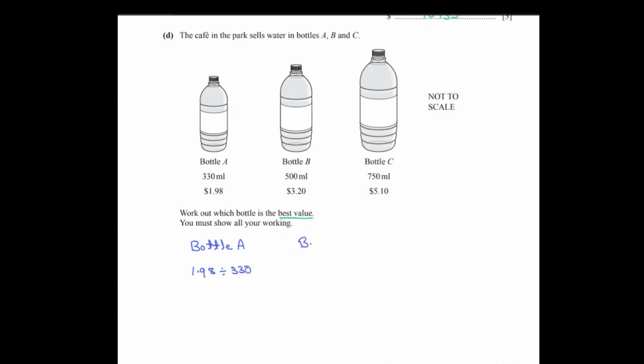Then bottle B will be 3.20 divided by 500, and bottle C will be 5.10 divided by 750. Now if you do this, you can compare how much each milliliter costs, and the least value will be the best value for the customers.